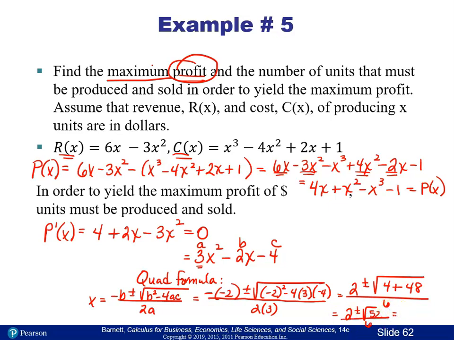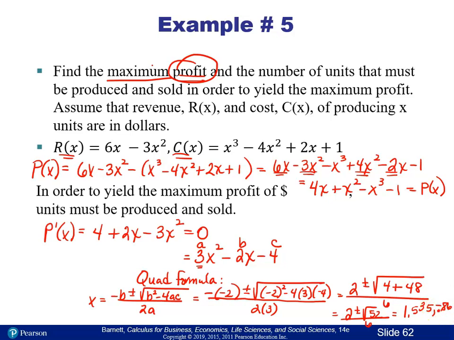So what I would suggest is just put this in, do one case where you do 2 plus the square root of 52 over 6. And that gives us 1.535.